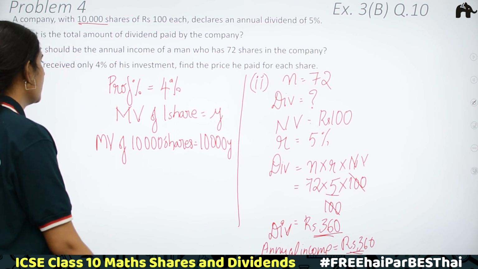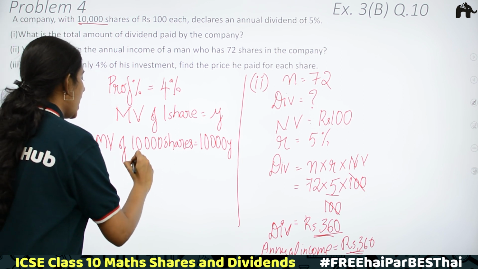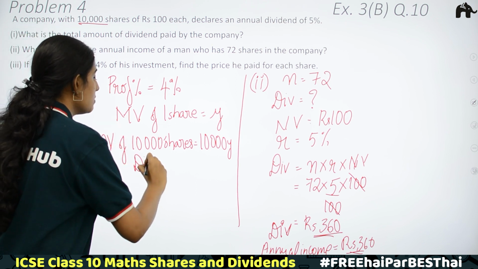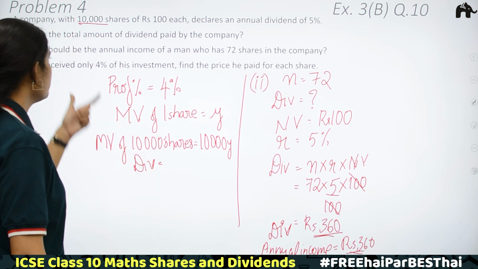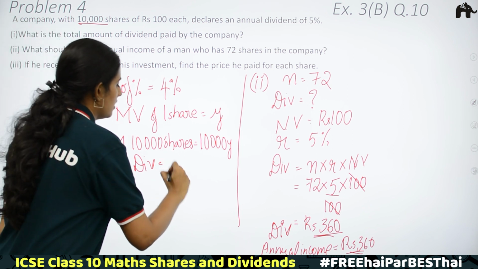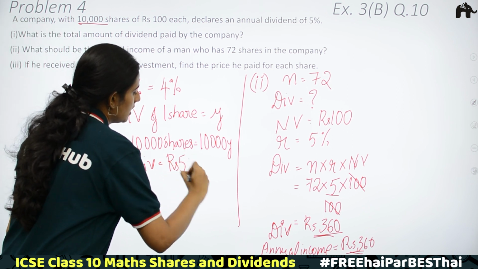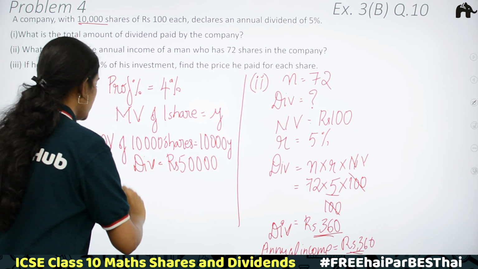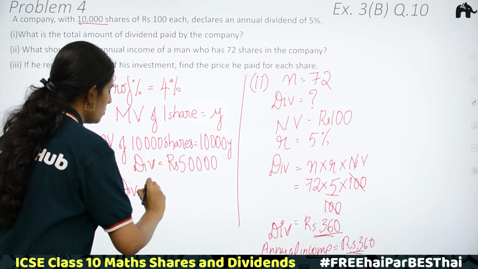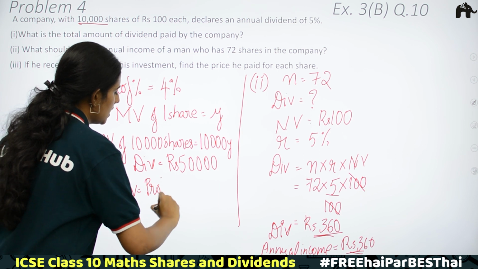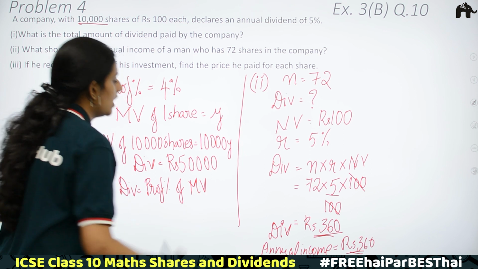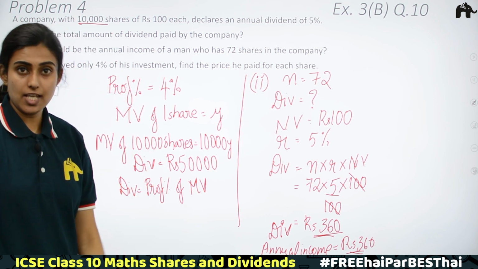Yes? Then, we have the annual income or dividend given. We have determined the dividend in the first question. We got 50,000 rupees. Now, what is this dividend? Dividend will be equal to profit percentage of the market value of 10,000 shares.